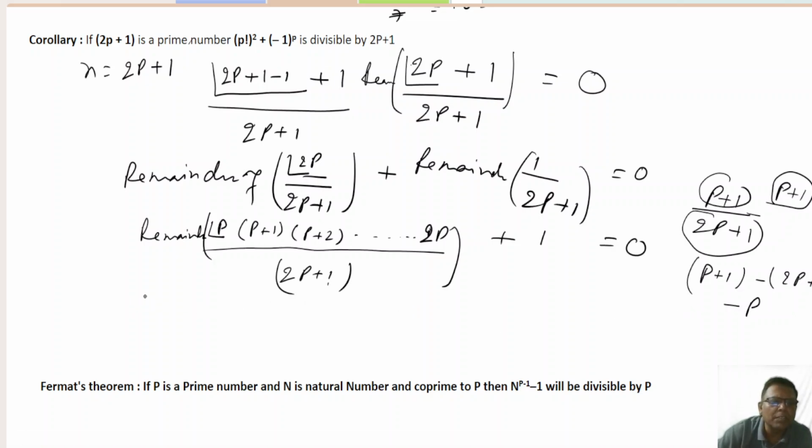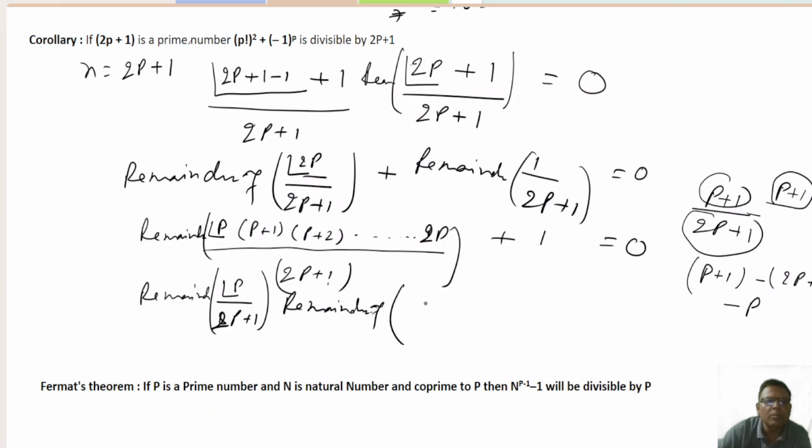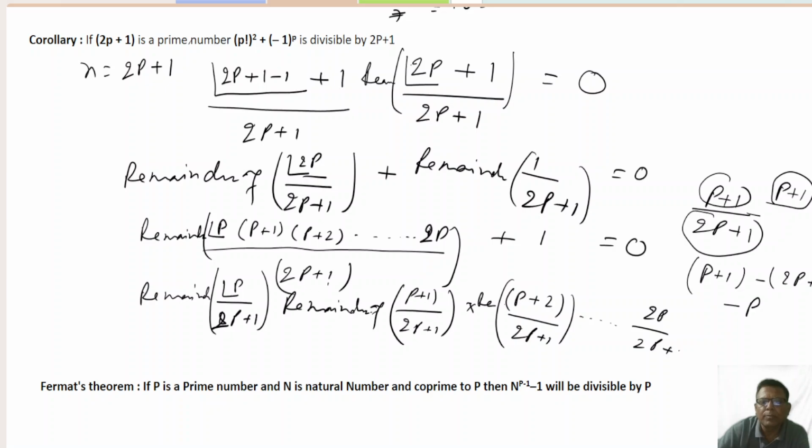So it will be like the remainder of factorial p divided by 2p plus 1, and the remainders of p plus 1 divided by 2p plus 1, multiplied by the remainder of p plus 2 divided by 2p plus 1, up to 2p divided by 2p plus 1, plus 1.